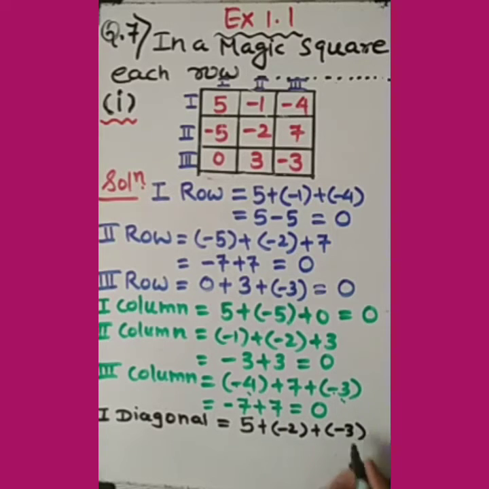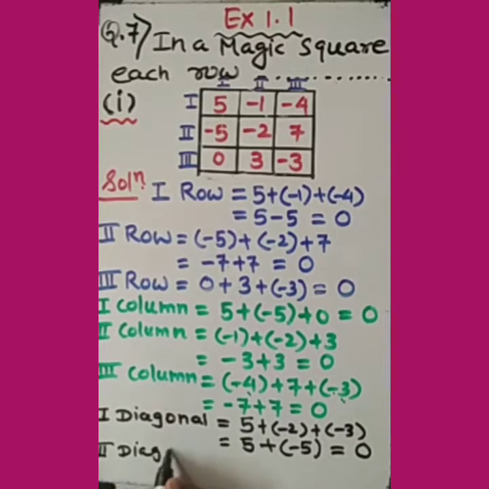Work out properly. If I ask you to simplify, then quickly you will say minus 2 minus 3 gives the result minus 5. And 5 minus 5 is again 0. Same number with opposite sign gives the result 0. Now the second diagonal.